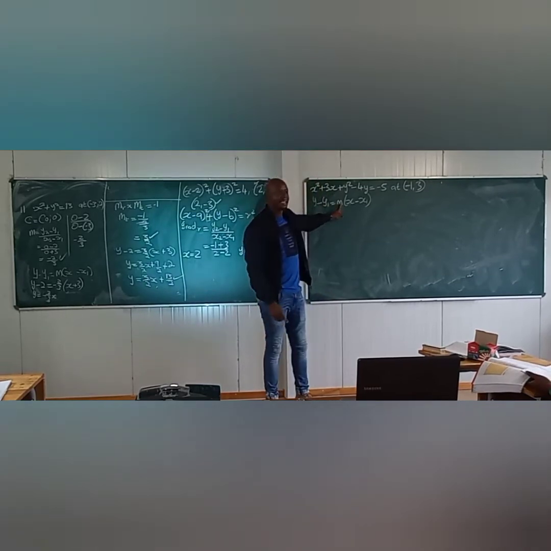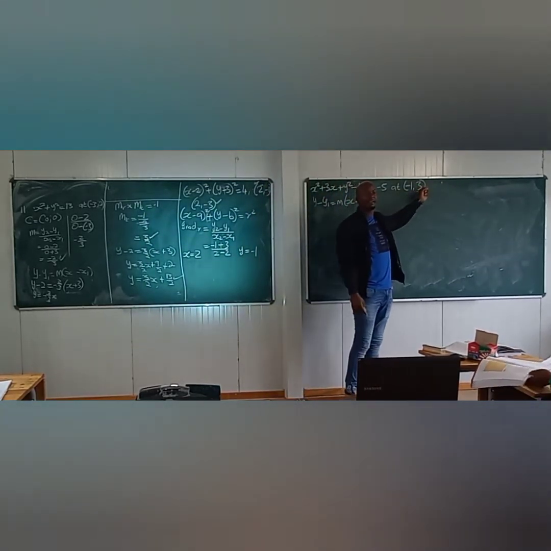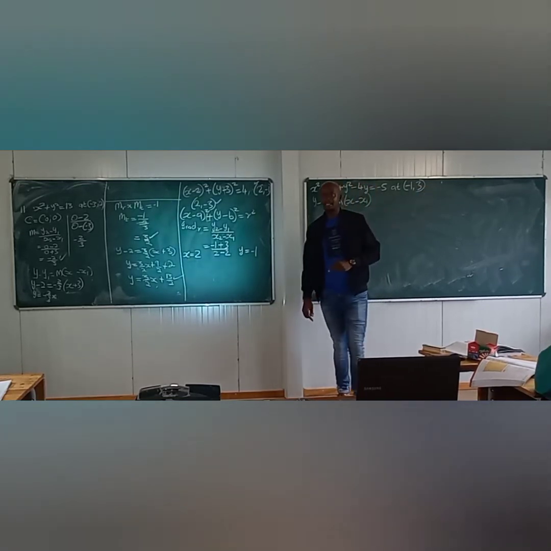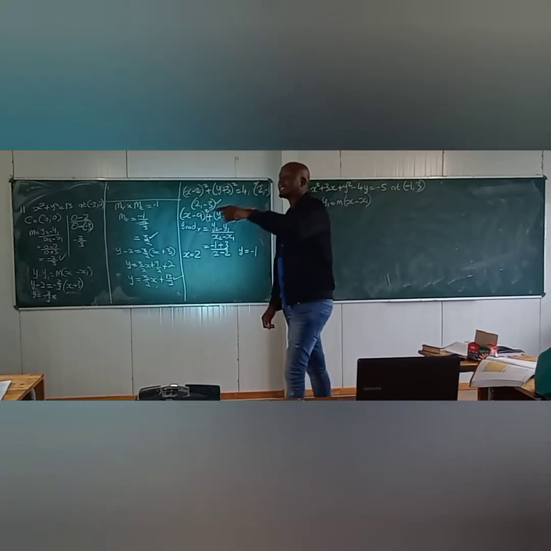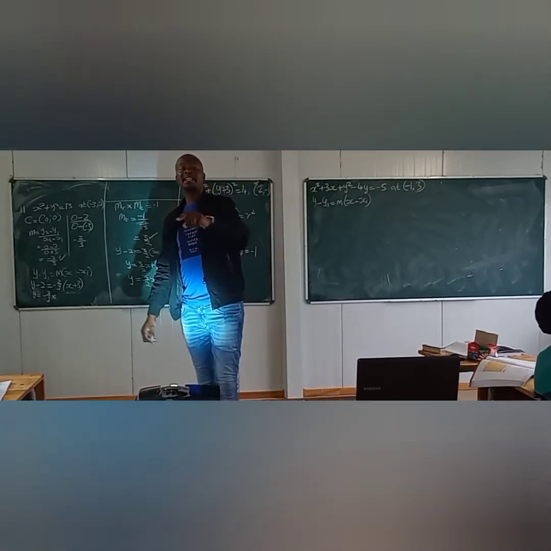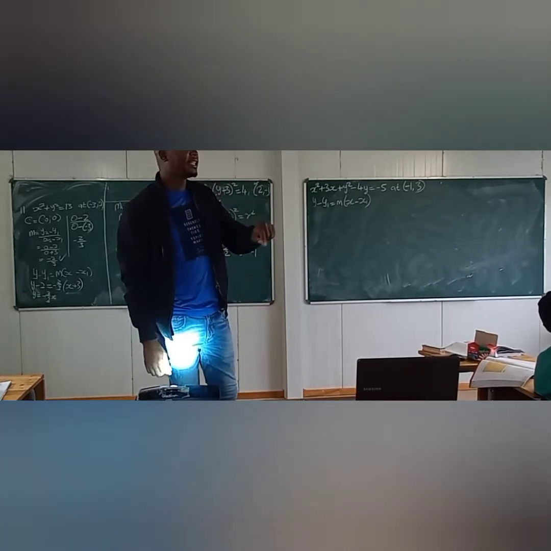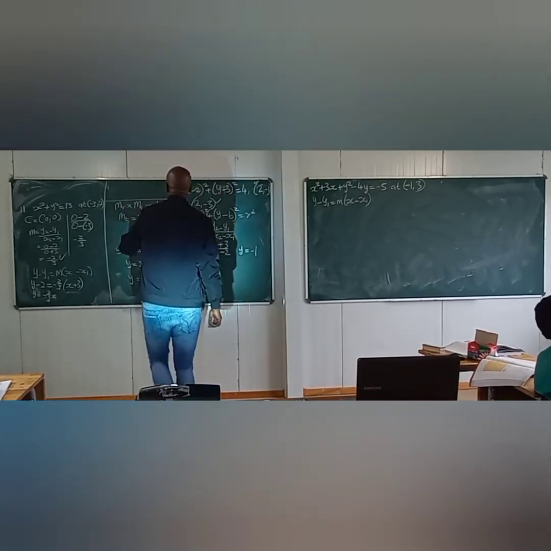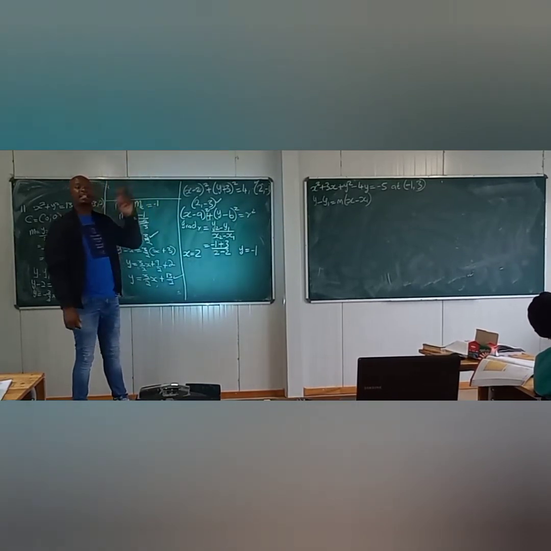We need the gradient and also the point. How are we going to find the gradient? We use the point and the center to find the gradient of the radius. The gradient of the radius times the gradient of the tangent equals minus 1, because the radius is perpendicular to the tangent.